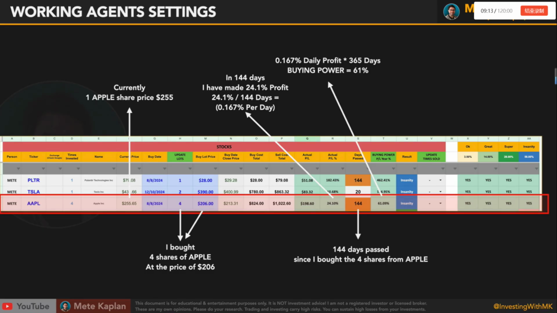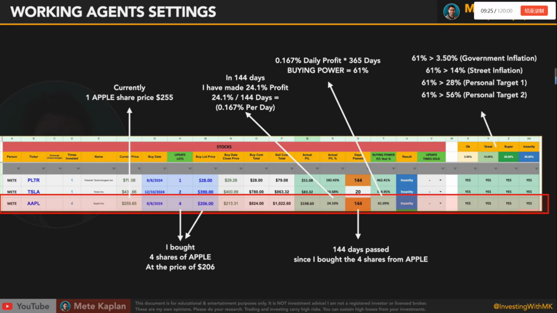If I multiply this 0.167% profit per day by 365 days, I will find my buying power, which is 61%. So if this stock continues like this the whole year, at the end of the year it is expected to make 61%. Simple as that. Extremely simple math. Please do not get confused here.